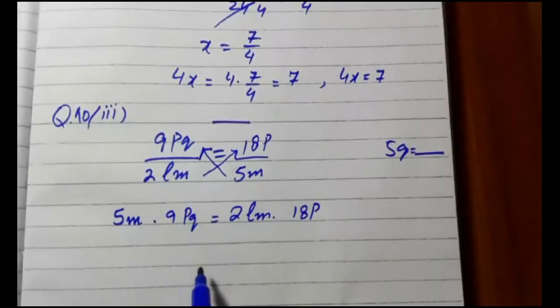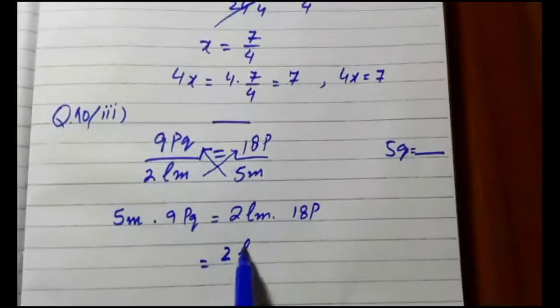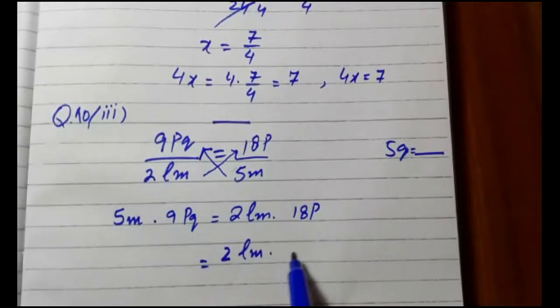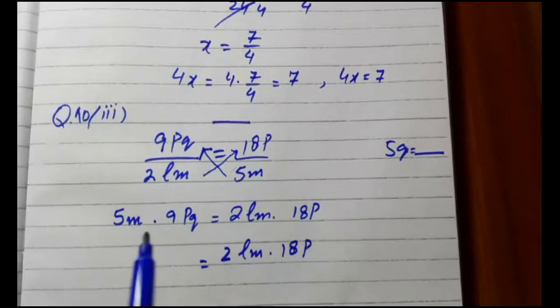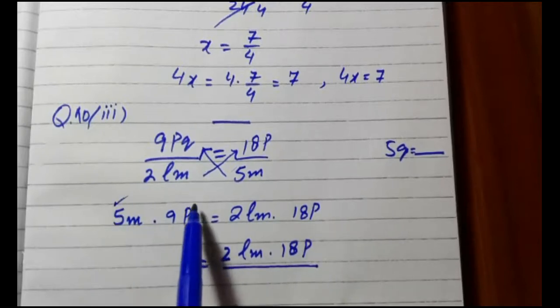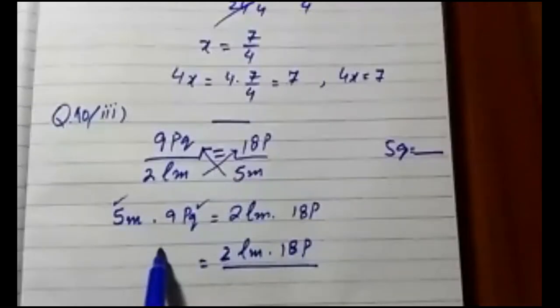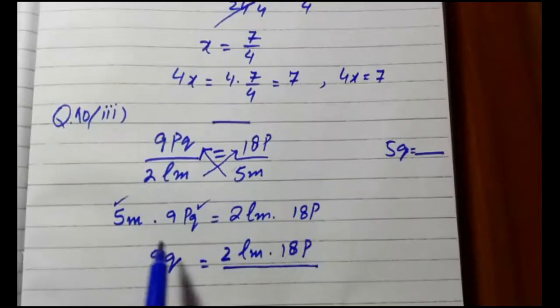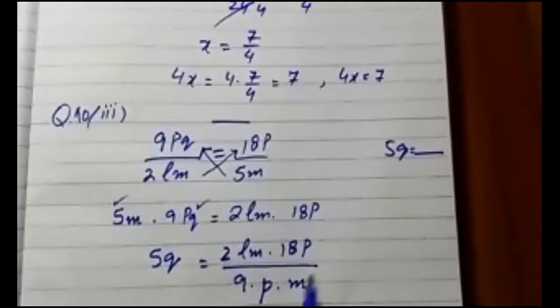So you should shift all the terms other than 5 and q to the other side. I will keep 5 and q on this side, and I will shift 9, p and m. Only 5q will be on this side.